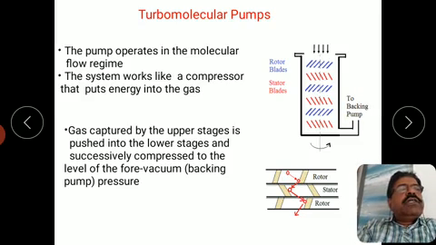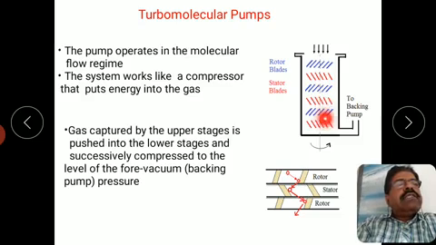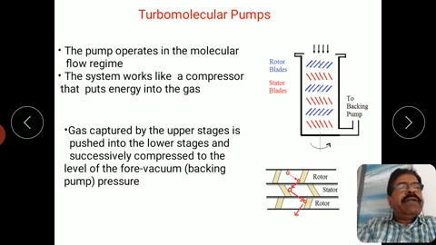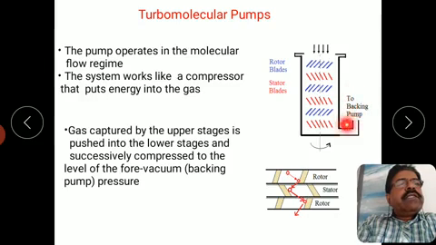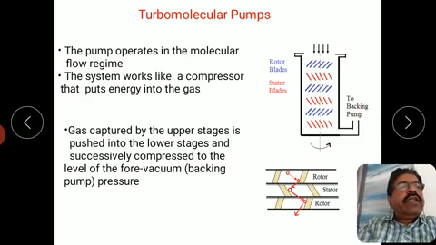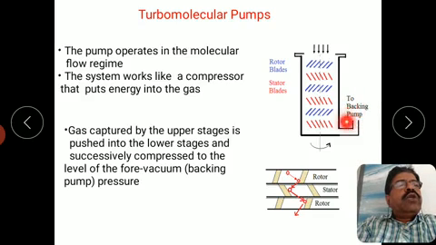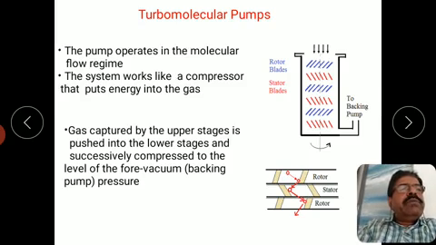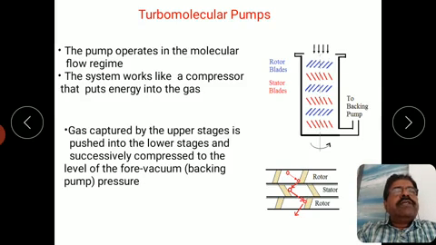The gas is compressed by the mechanically driven rotor blades, and throwing it against atmospheric pressure would utilize a lot of energy. So instead they are thrown into the slightly lower pressure created by the backing pump. A suitable backing pump is used in this case.